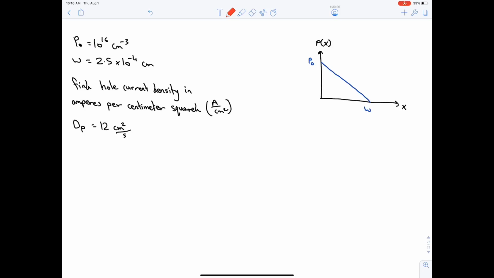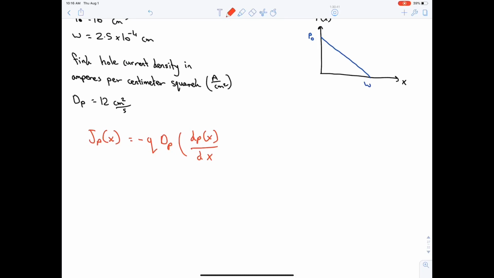Okay, next, same question but different slope. So we need to find J_p of x, which is minus q, dp of x over dx. Okay, y is equal to mx plus c.